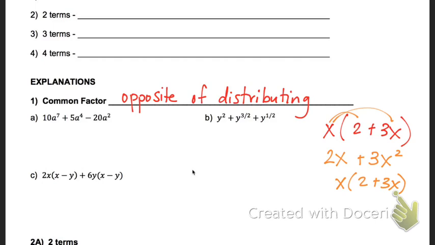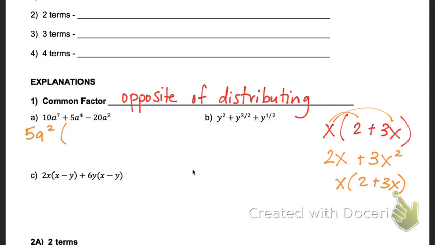So if I look at part A, just conveniently the common factor is also a. What is the highest power of a that I can pull out? A squared. Can I pull out any numbers? 5. So I can take out 5a squared.